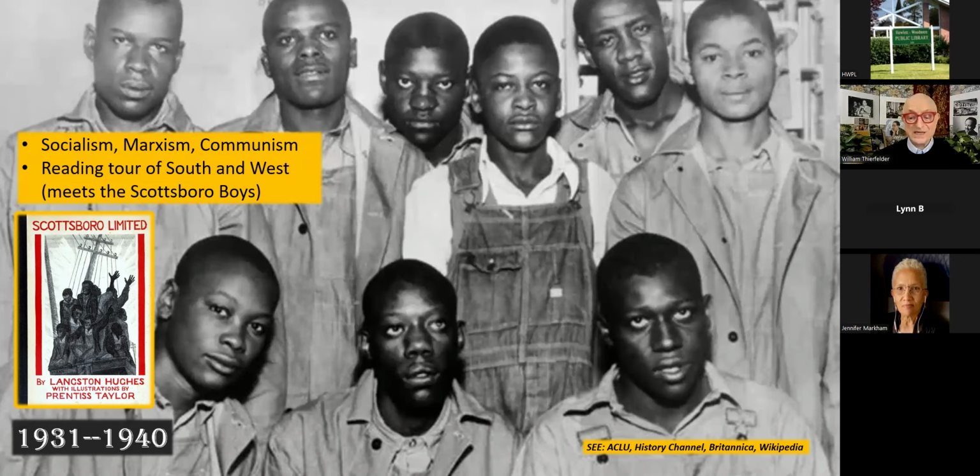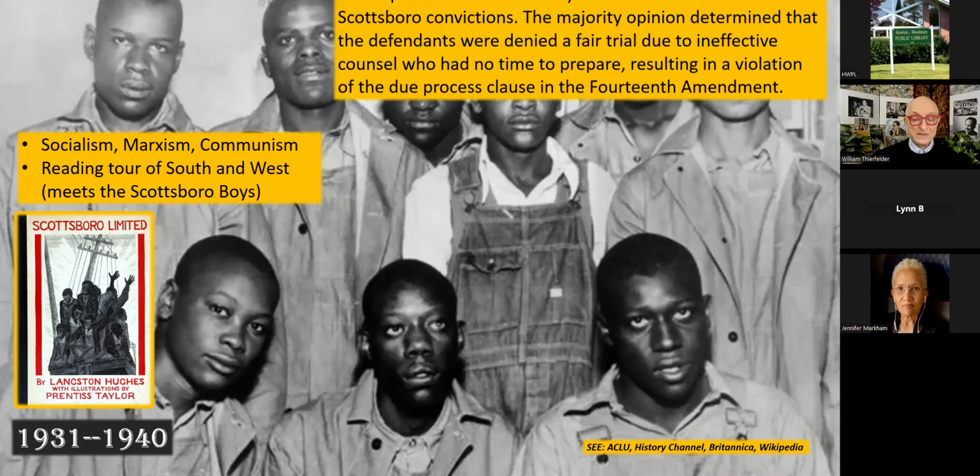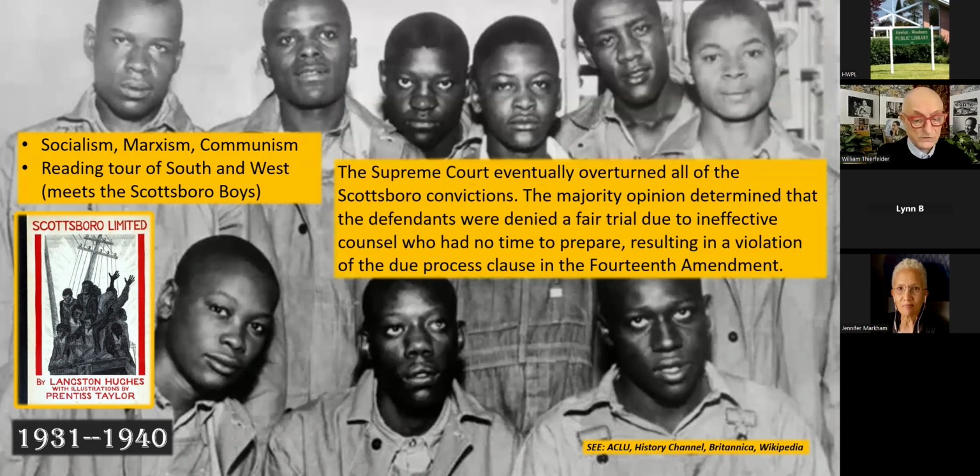According to the ACLU website, the Supreme Court eventually overturned all of the Scottsboro convictions. The majority opinion determined that the defendants were denied a fair trial due to ineffective counsel who had no time to prepare, resulting in a violation of the Due Process Clause of the 14th Amendment.